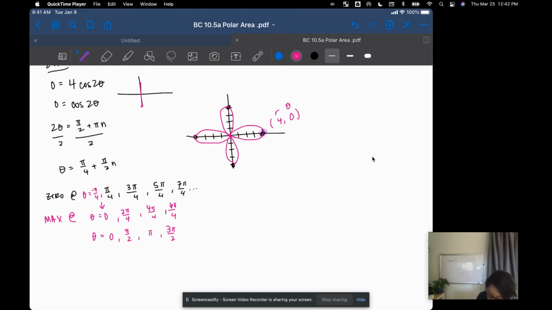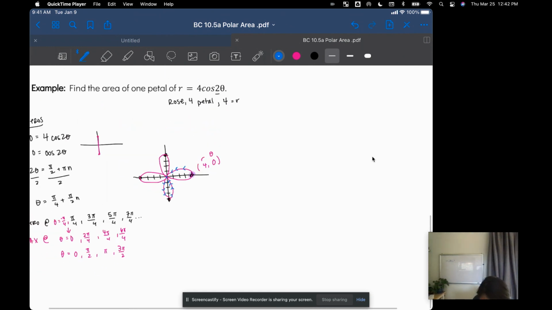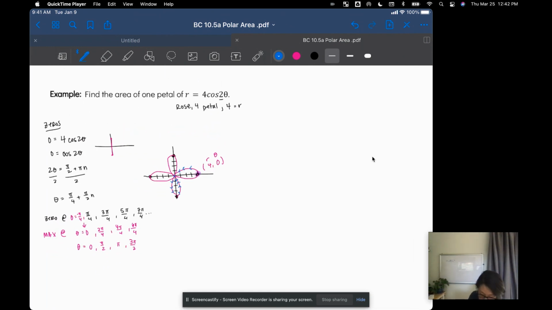And then it swoops back to the pole, and then it swoops around this way. We can graph it and see, but we don't really need to today.